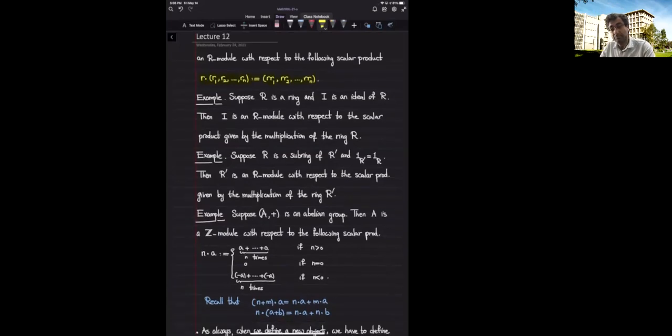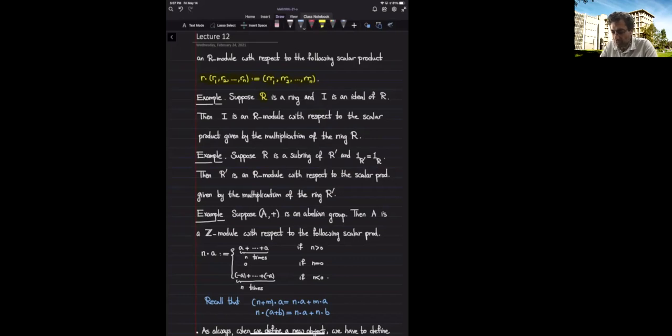Another example, which plays an important role later as well: if I give you a ring R, I can consider multiplication of R on itself. Then I ask myself, do I have a subset that is invariant under this multiplication, and is an abelian subgroup? So what are those? Let's write down the conditions.